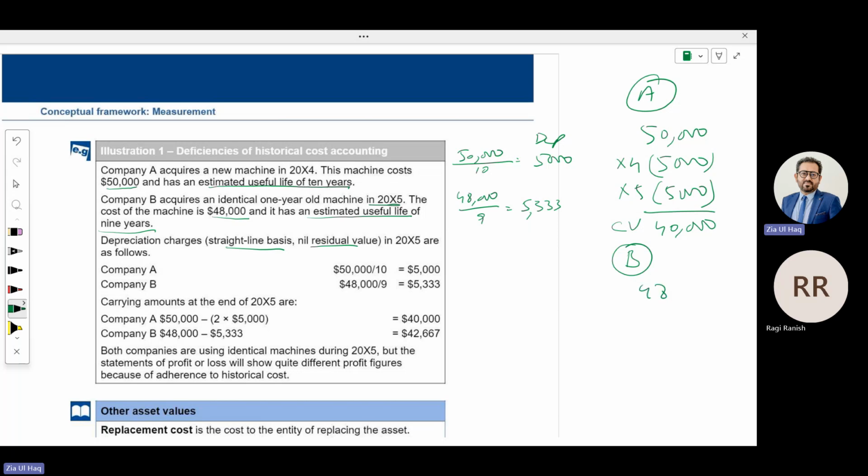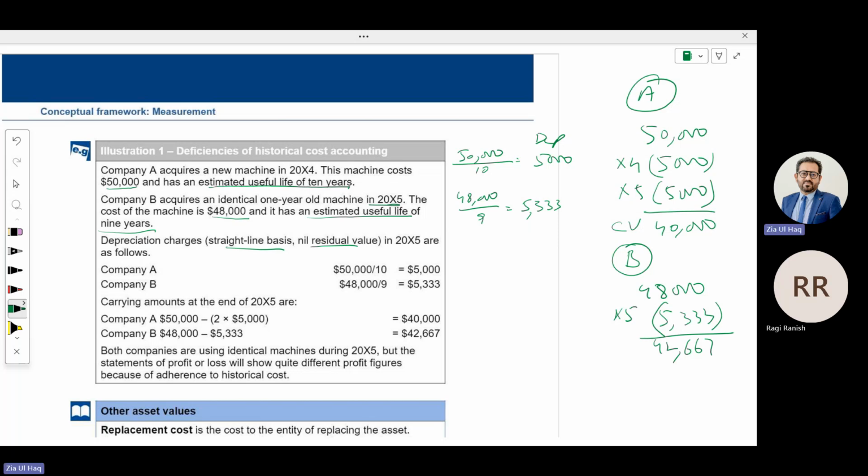We bought at 48,000 and we charged 20x5 depreciation of 5,333. Carrying value is 42,667. The machines are of the same nature, but at 20x5, their carrying values are different.